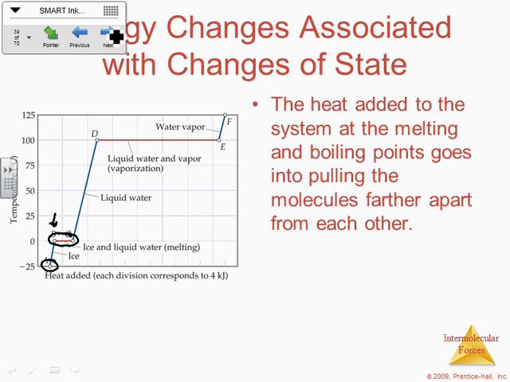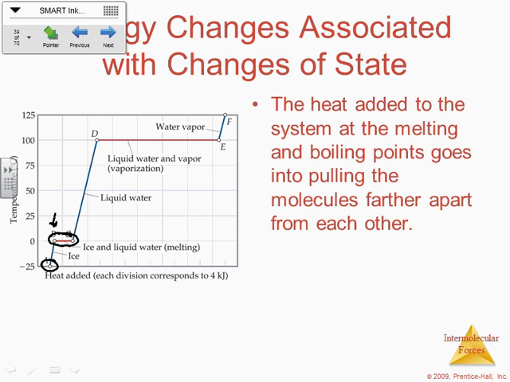And that's kind of weird unless we think about what's going on with the intermolecular forces there, okay? Once this thing gets up to 0 degrees Celsius, this ice is now ready to melt, okay? It's at the temperature where it could start melting. Well, you've got to give that ice some energy in order for it to be able to break those intermolecular forces enough that these particles can start sliding past one another.